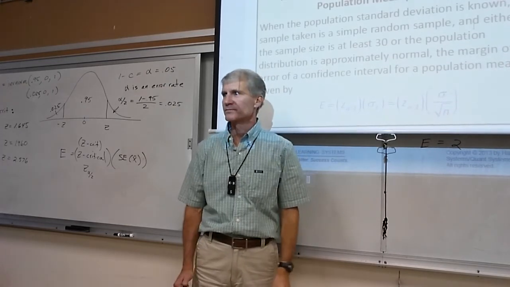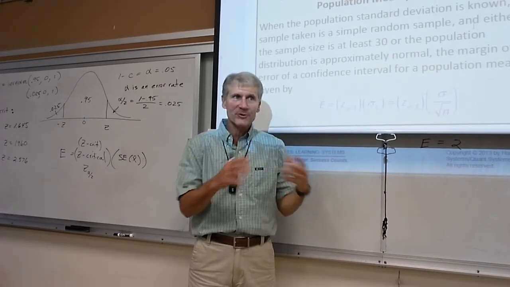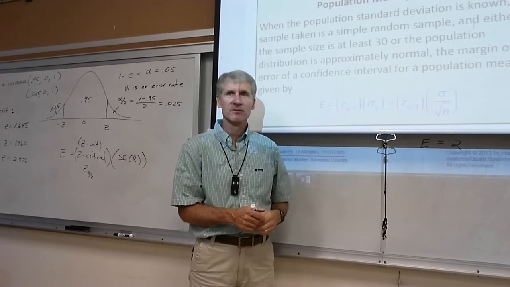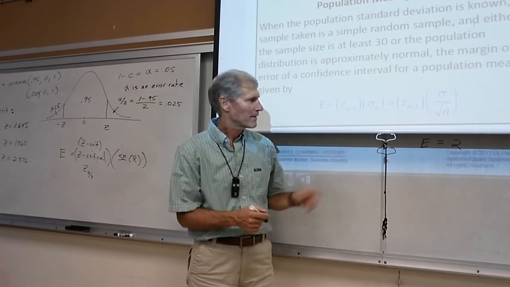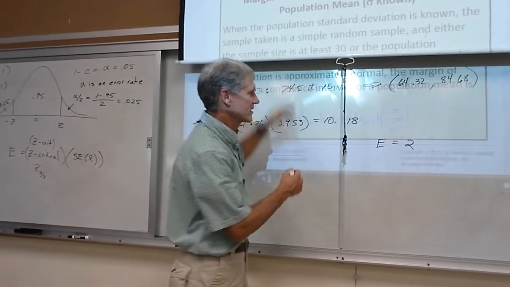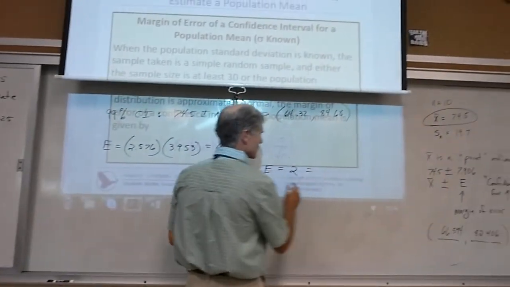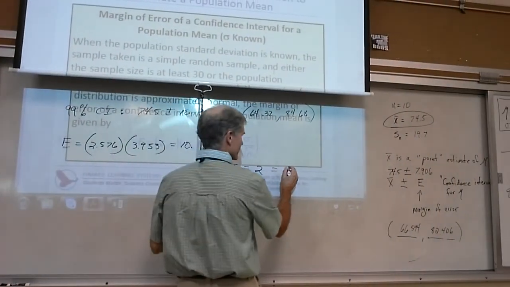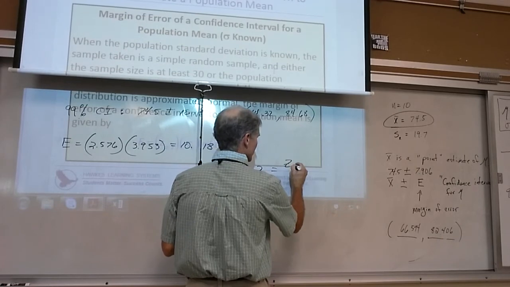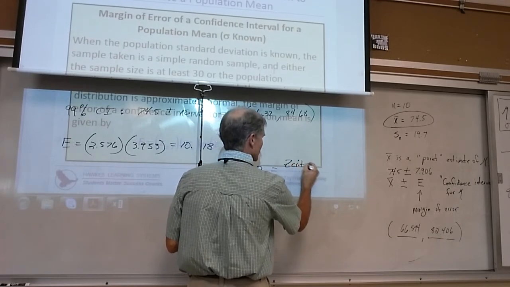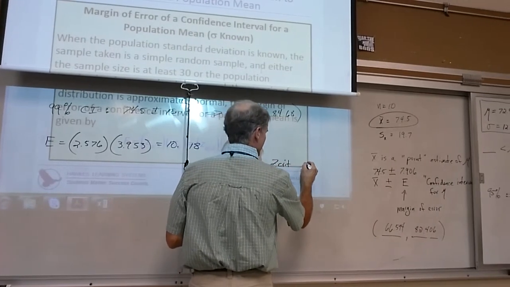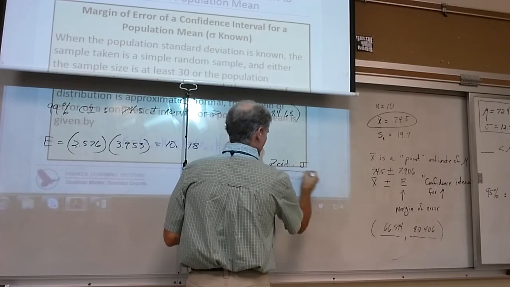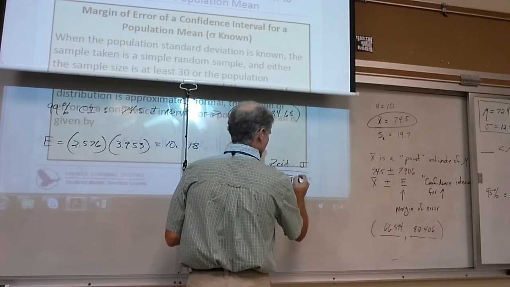It's just algebra. Now, I'm not going to take the time to go through the steps of the algebra. Well, what would you do? Let's put it up under here. 2 is equal to Z critical value times sigma divided by the square root of n.